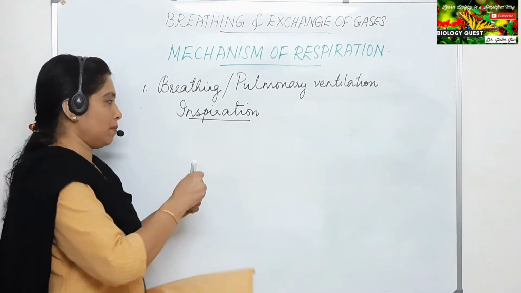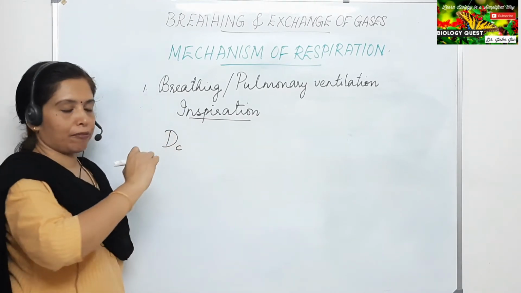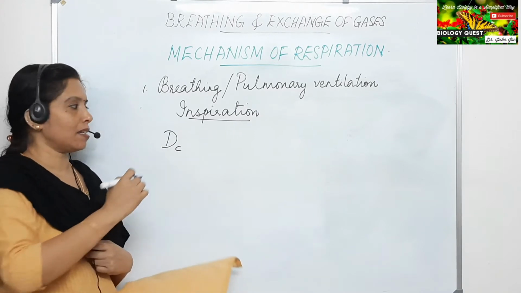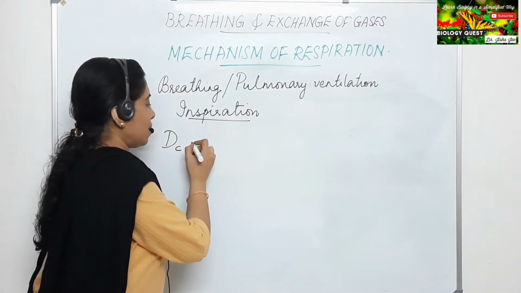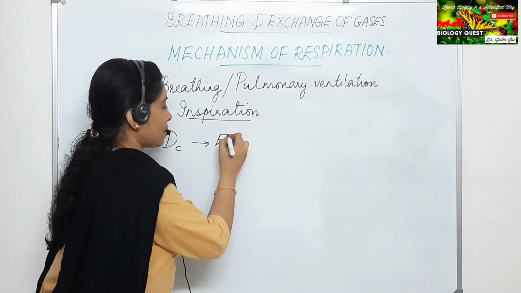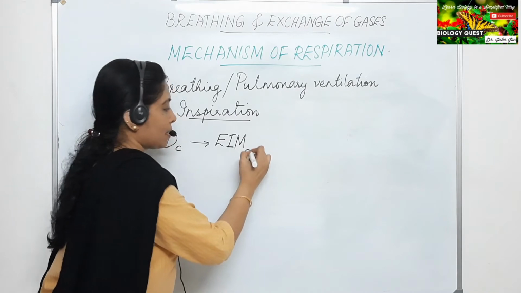So what are the things that are happening there? The diaphragm contracts. D stands for diaphragm, and contraction of the diaphragm takes place. Then the external intercostal muscles contract.